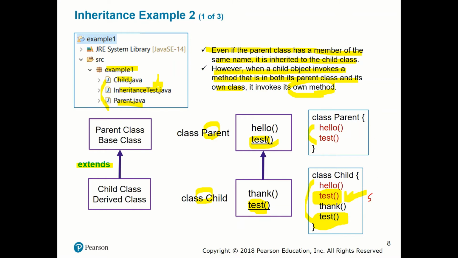So if you use super keyword, then you can use parent test. Okay, but by default, the child object can use this test method. I will explain about super keyword later.